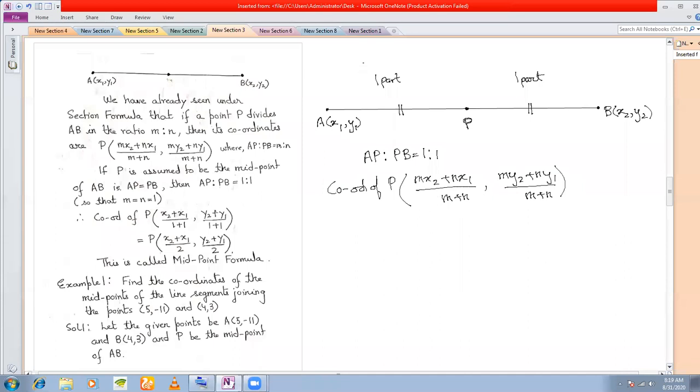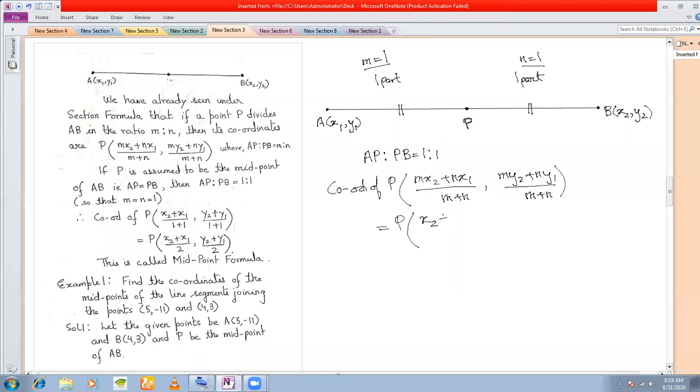What are the values of M and N? M here is, we have taken, well, this one is x1, y1. So we'll take M is equal to 1 and we'll take N is equal to 1. So M lies towards A and N lies towards B. Put M and N equal to 1.